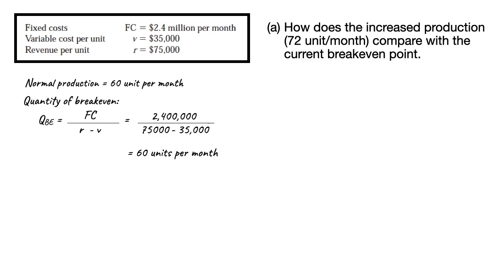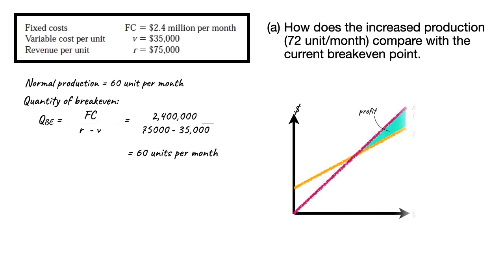Anyway, the question asks you to compare the increased production of 72 units per month with the current break-even point. If you draw the diagram of the revenue versus the total cost, the break-even point will be at the intersection of the lines, which in this case is 60 damper units. So 72 units would be somewhere on the right side of the axis, over here.